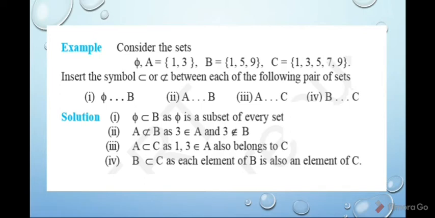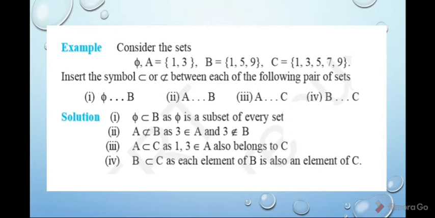Always remember that the null set is a subset of every set, because the null set does not contain any element. That's why you can say that the null set will be a subset of every set.